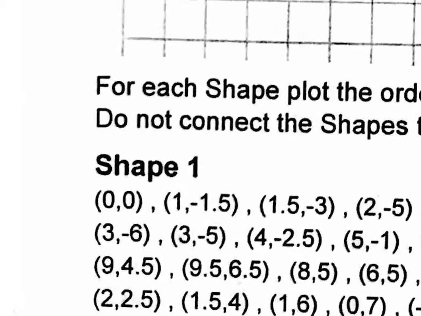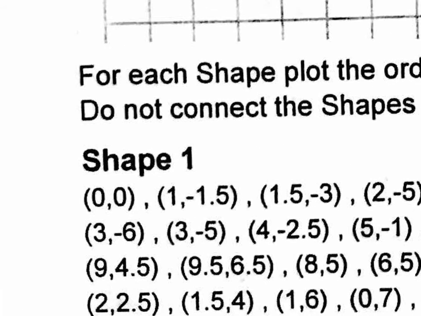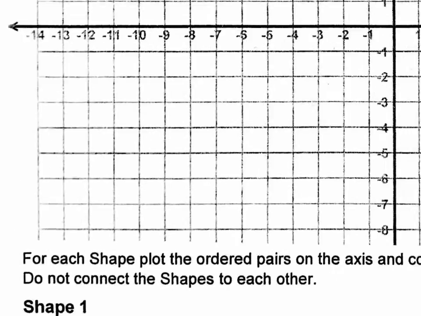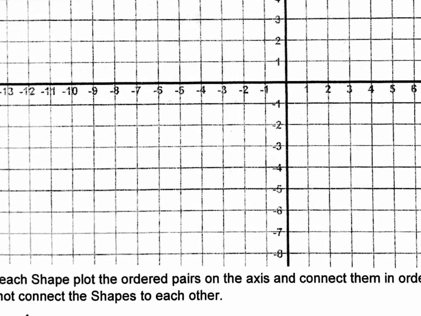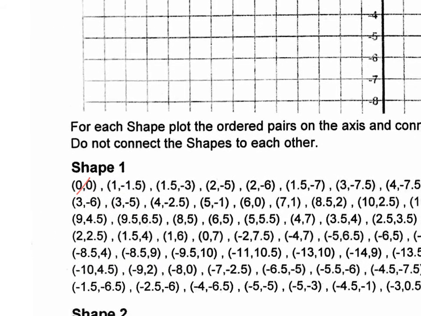So I see that some of us are kind of struggling with this. Let me just explain what I expect you to do. You're going to take one coordinate, like this first coordinate, 0, 0, and graph it. So up here, you put a dot at 0, 0, and then you move on to the next coordinate. The next coordinate is 1, negative 1.5.